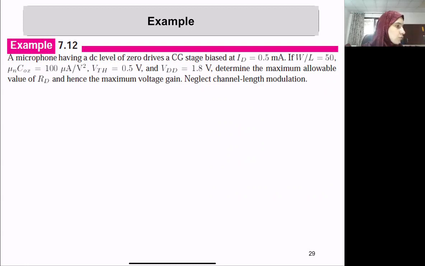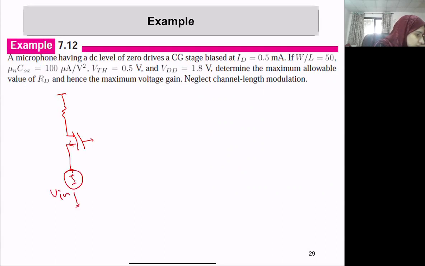We have a microphone that has a DC level of 0, and it drives a common gate stage biased at ID equal to half a milliamp. I have Vin coming here, this is VB, this is RD, the output is taken from here, and this is VDD.